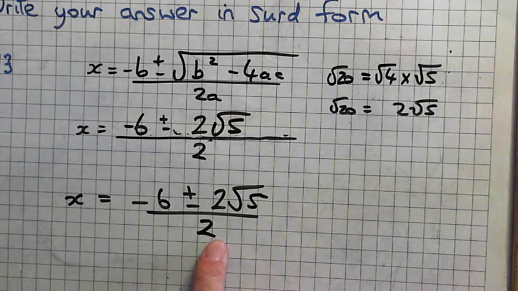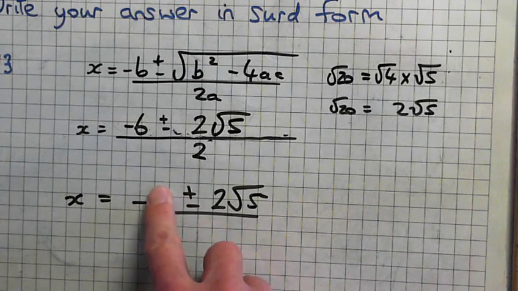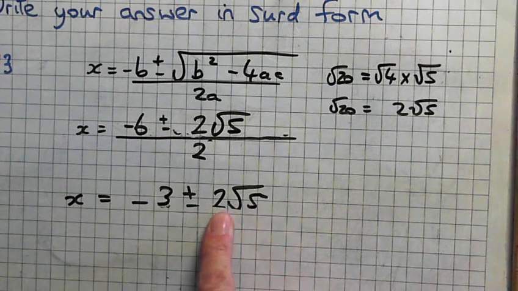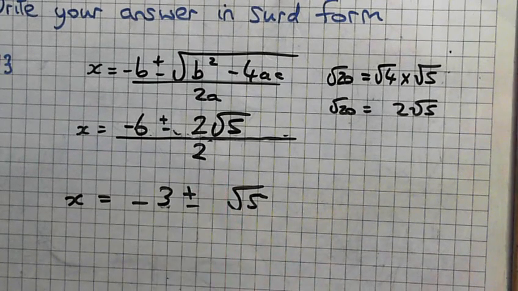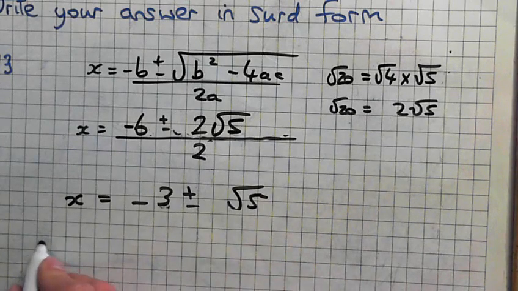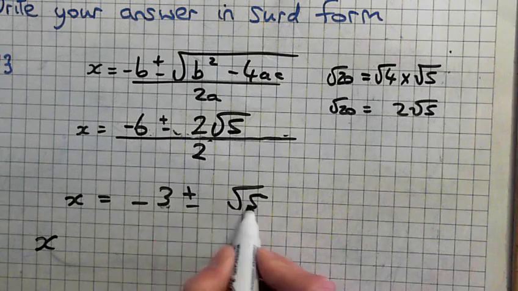Now I can divide both of these numbers, because that's minus 6 over 2 and that's 2 root 5 over 2. 2 into 6 goes 3. 2 into 2 goes once. So we have minus 3 plus or minus root 5. The first answer is minus 3 plus root 5.